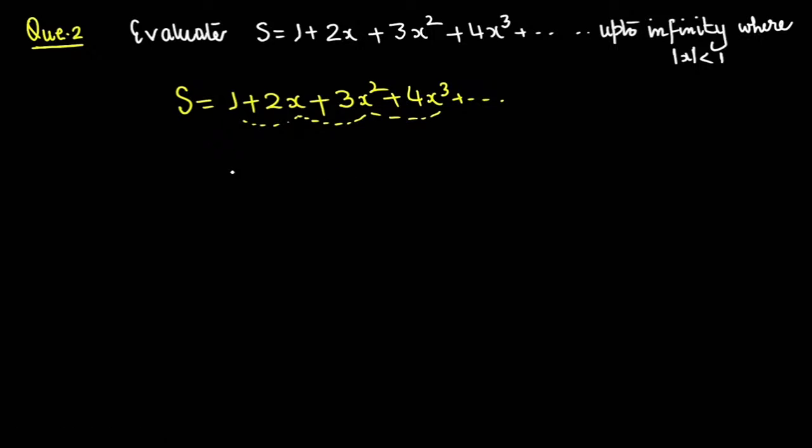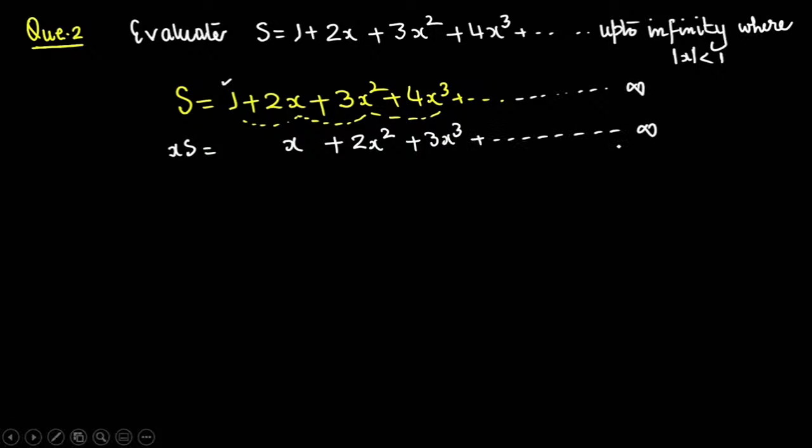Again, you will multiply with x on the left and the right, but on the right side the terms get shifted by one term. It becomes x, 1 into x, 2x becomes 2x square, so I am writing here 2x square. 3x square becomes 3x cube. And this is an infinite GP, so I am not taking any stress on the nth term, but I am writing infinite.